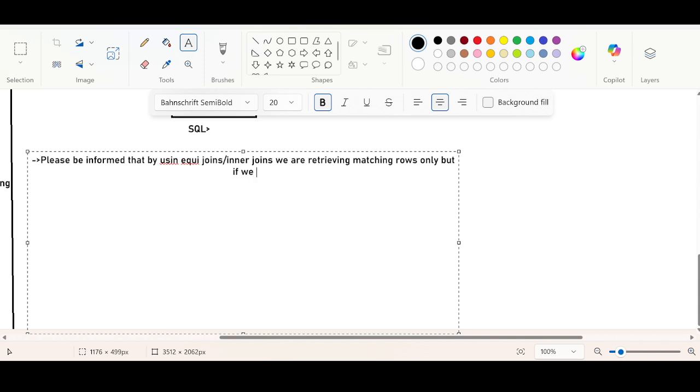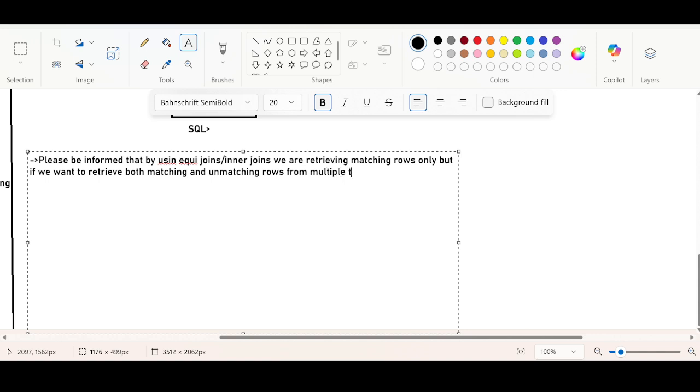But if you want to retrieve both matching and unmatching rows from multiple tables, then we have a technique, a concept called outer joins.